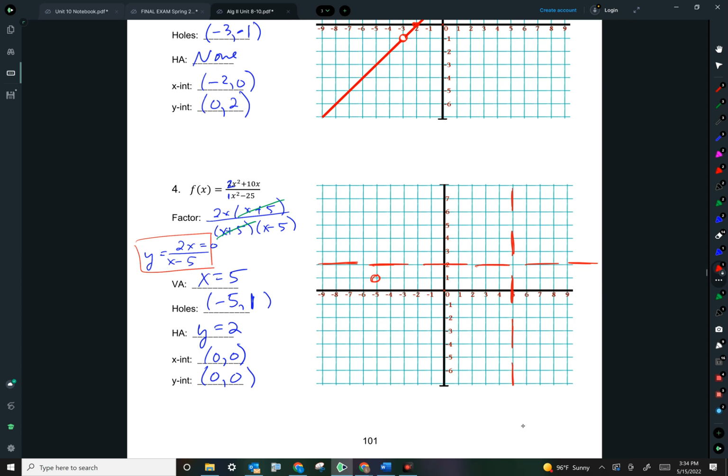And I know it goes through the origin at 0, 0. And because of the points I have, I can see that it's going to be on the lower left. So I'm going to draw in the shape that I know the 1 over x graph shape does, right? Something like that. And then it has to be on the opposite side as well. Okay, so hopefully that helps with actually putting together the graphs using all of the asymptotes.